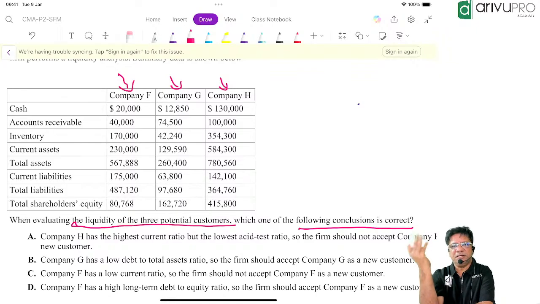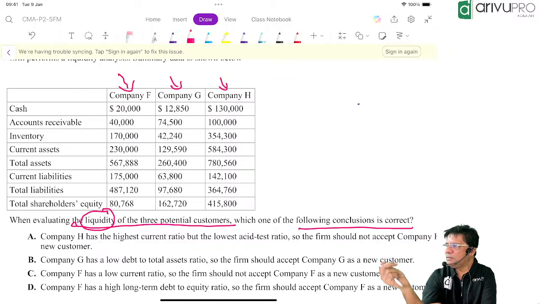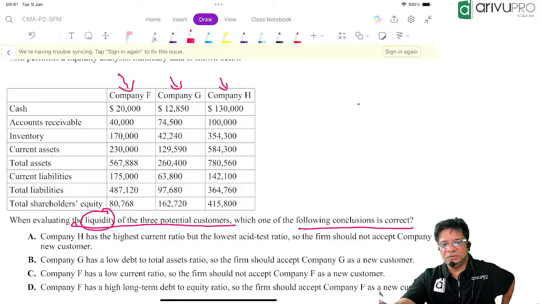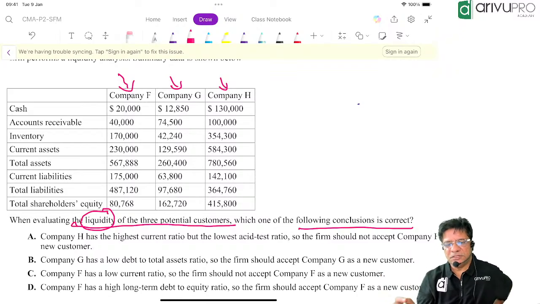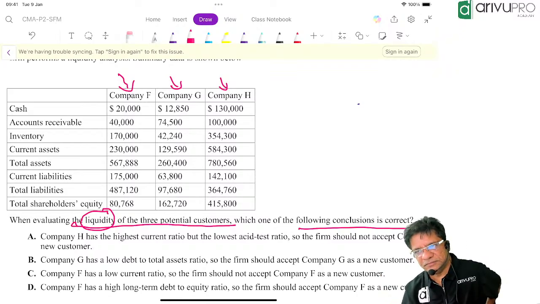You are giving credit and evaluating the customers' liquidity position. You will sell the goods on credit, so you have to check the liquidity ratios.